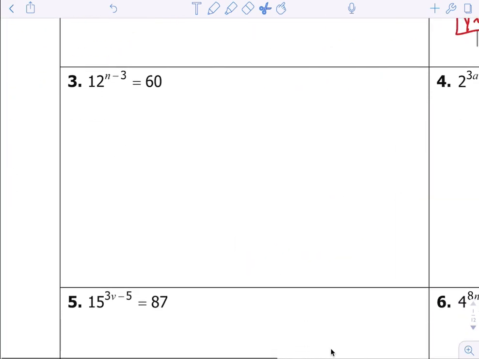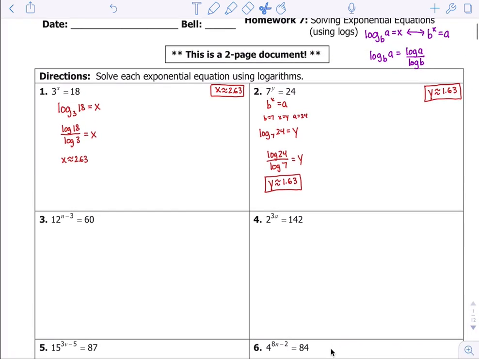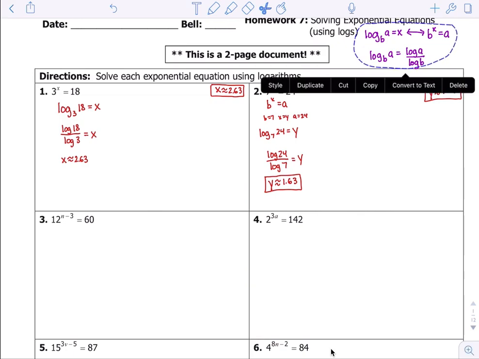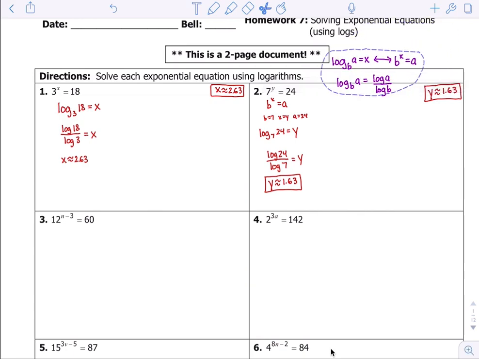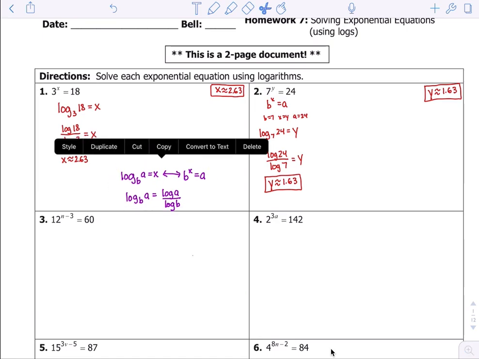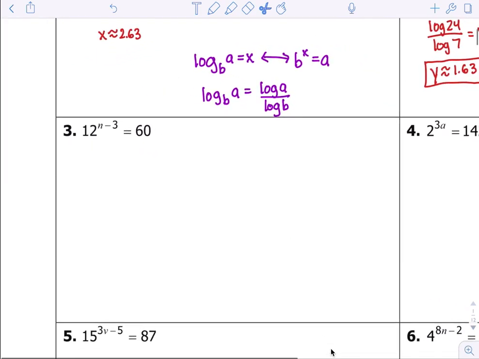Here's number 3. We have exponential form and have to get it to log form.